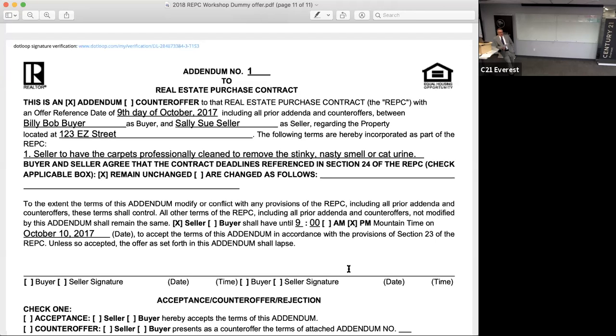Here's what I would say: I think it's fine to say to have the carpets professionally cleaned, but rather than saying to remove the stinky, nasty smell of cat urine, probably not a good idea to offend the seller when you're negotiating. But I would say, fine to put in there to have the carpets professionally cleaned.